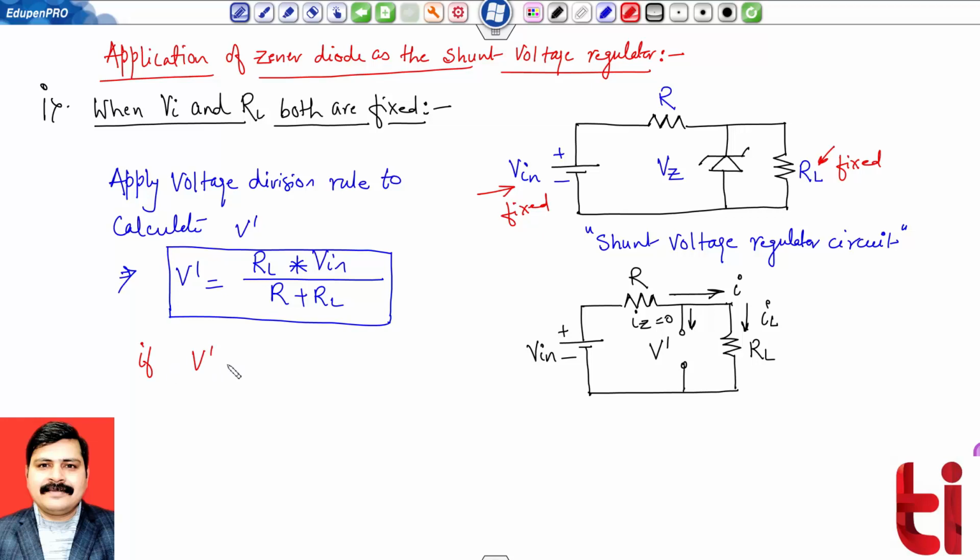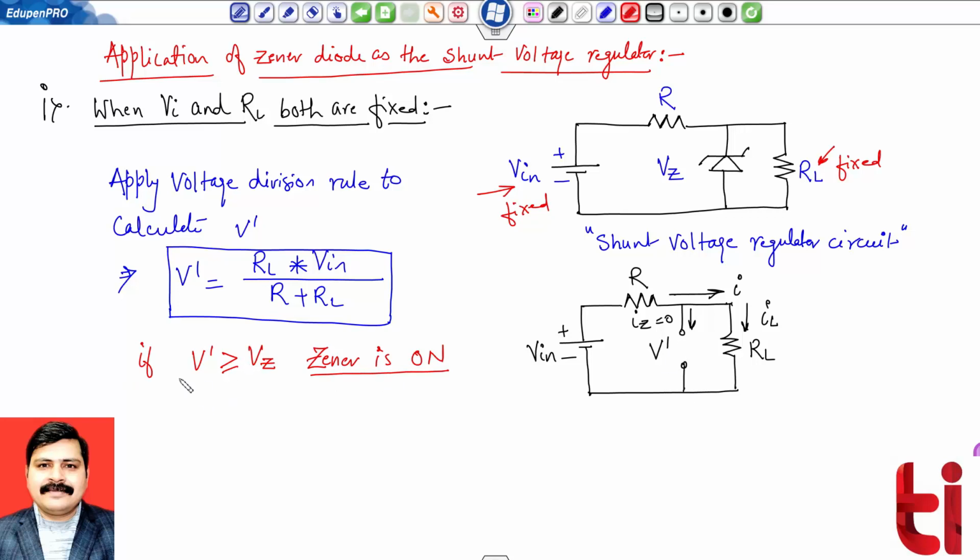If V dash is greater than or equals to Vz, that means the effective voltage across this diode is greater than or equals to Vz, that means my Zener is on. What it means? Means Zener diode is working in breakdown region and it will be replaced by a battery of value Vz.